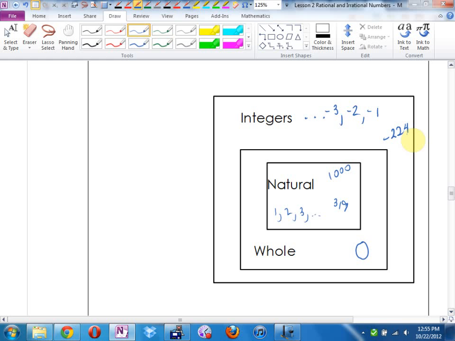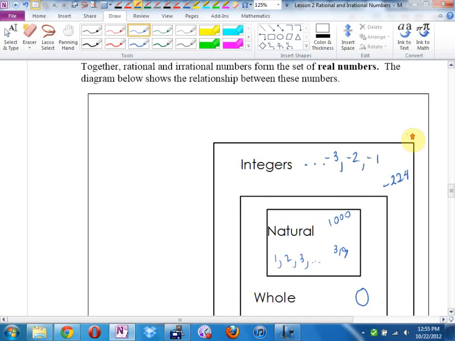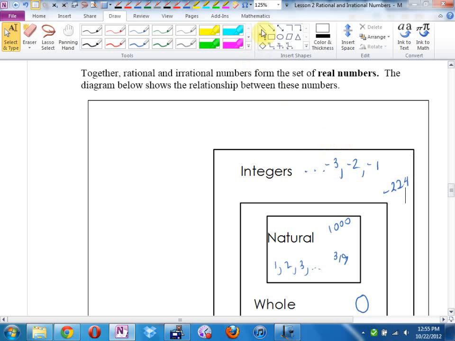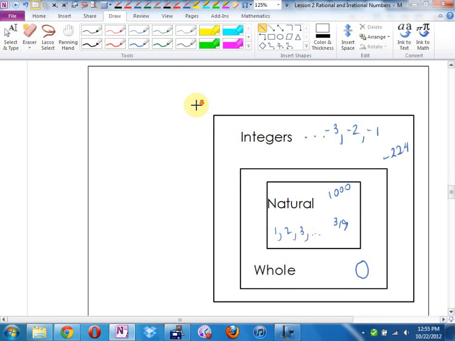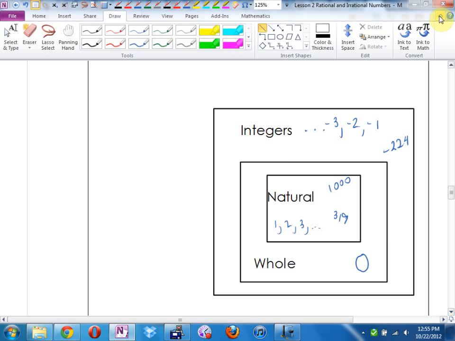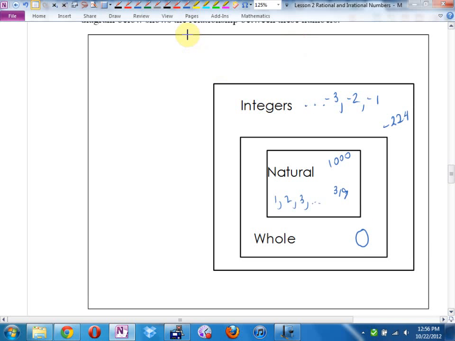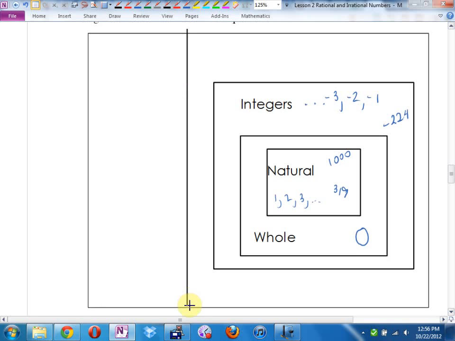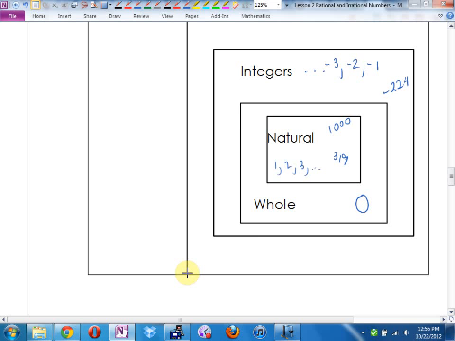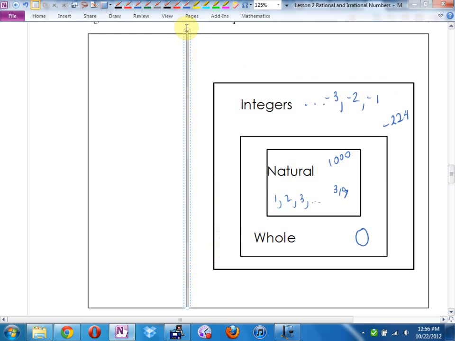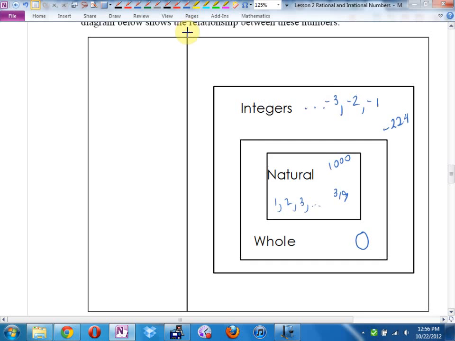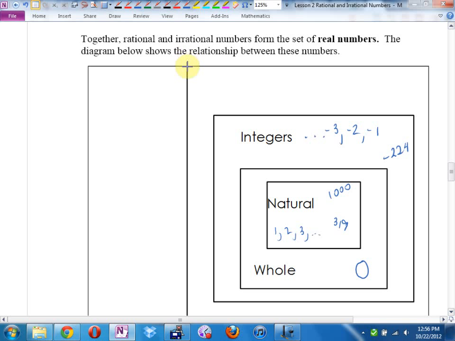It keeps going. Then I'm going to have to go a little bit smaller. Will it fit? It will. There we go. Close enough.